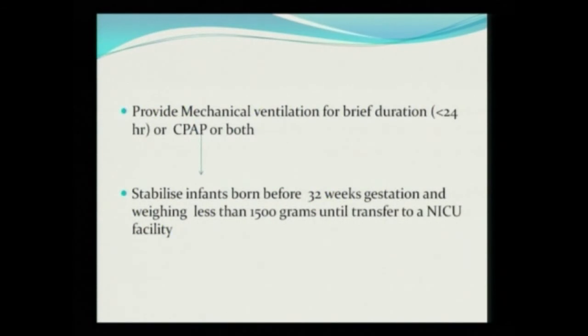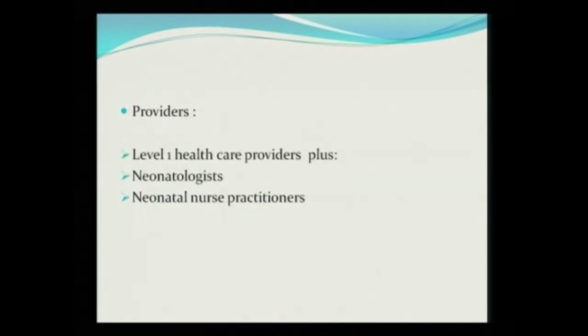And the purpose is to stabilize all those infants born before 32 weeks, and the weight should be less than 1.5 kilo. So the providers in level 2 are level 1 healthcare providers plus the neonatologist and the neonatal nurse practitioners.